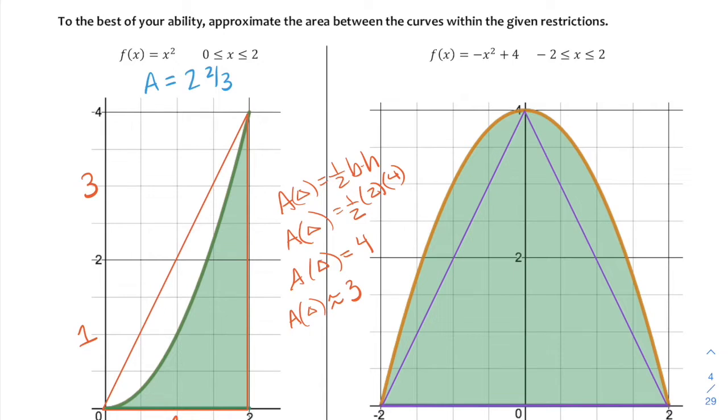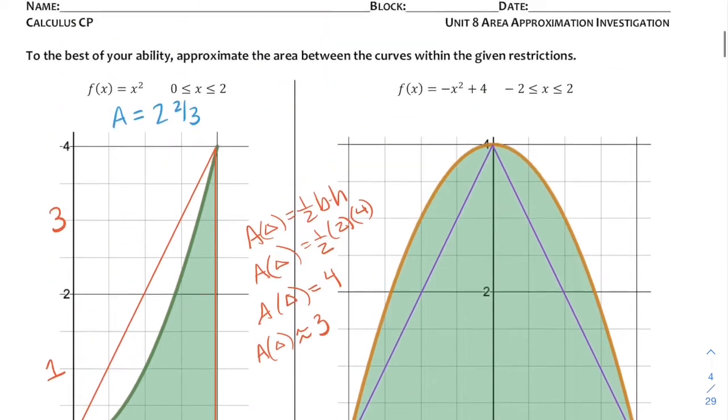I'm going to show you how to get there eventually, but I don't want to right now. We're going to work up to it. We're going to understand what it is to use anti-differentiation to find that area. Let me see, the next one here is going to be exactly 10 2/3.